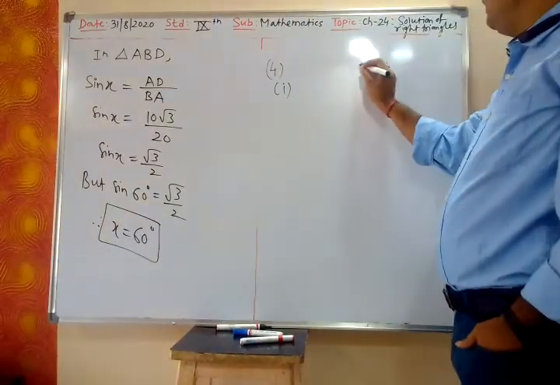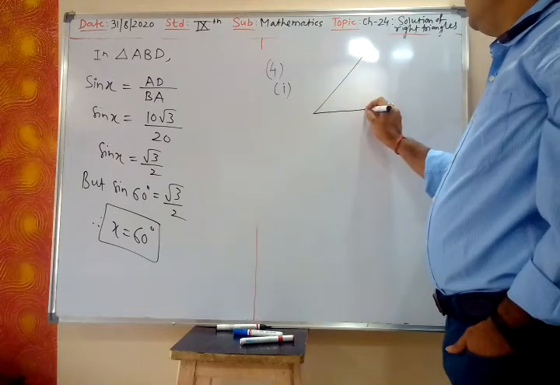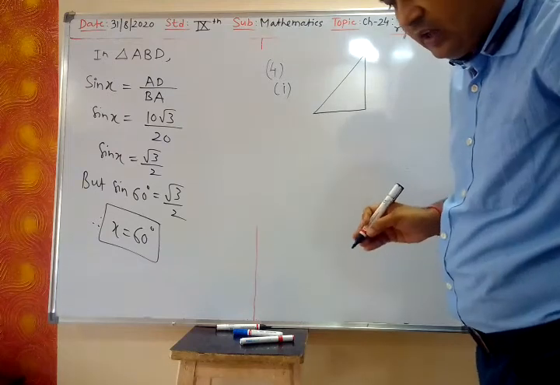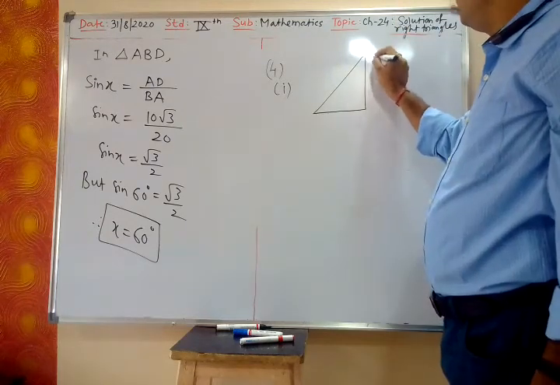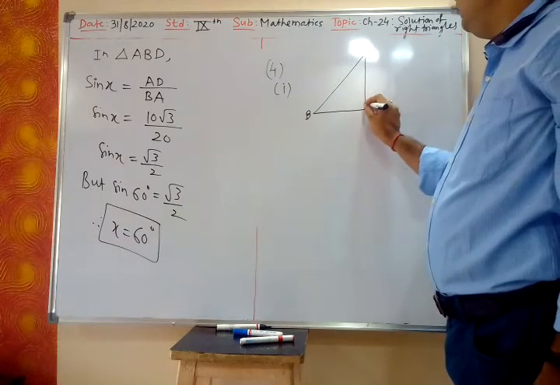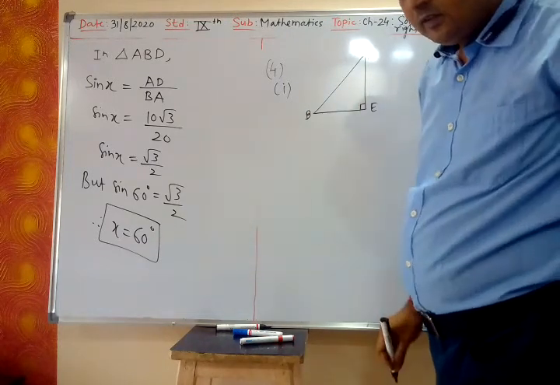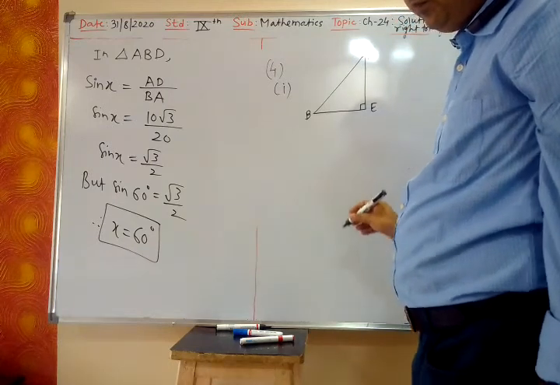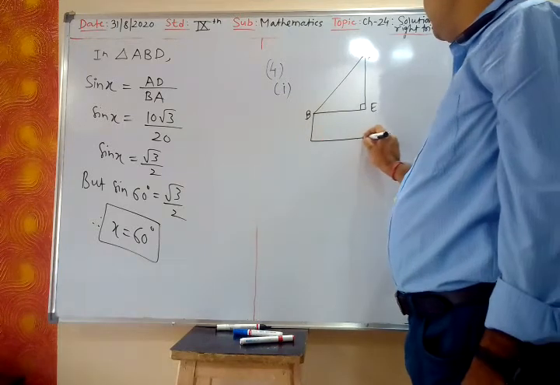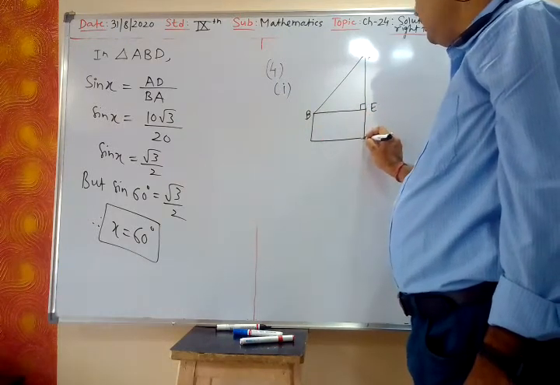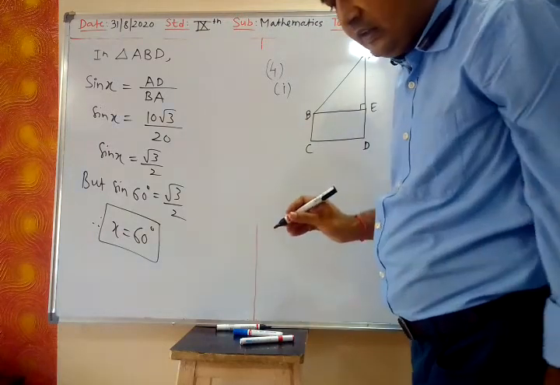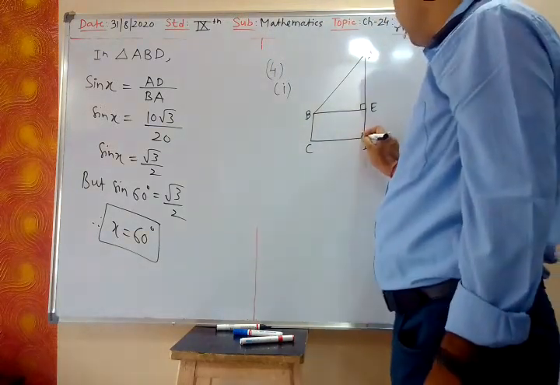We are given triangle ABE, and this angle E is 90 degrees. Then further at B, there is one line CD parallel to this, and angle D is 90 degrees.